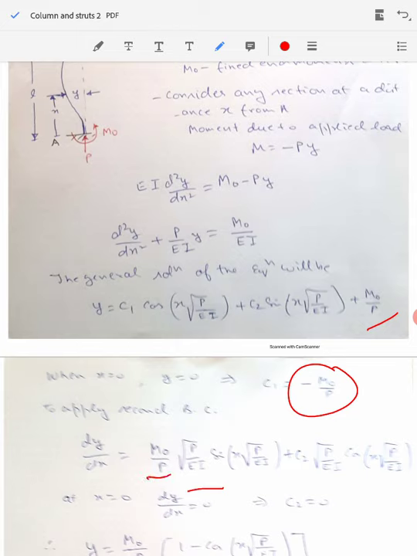So M0 by P under root of P by EI multiplied by sin x under root of P by EI plus C2 under root of P by EI cos x under root of P by EI. The differentiation of M0 by P will be 0 because they are constant quantities, not dependent on x.